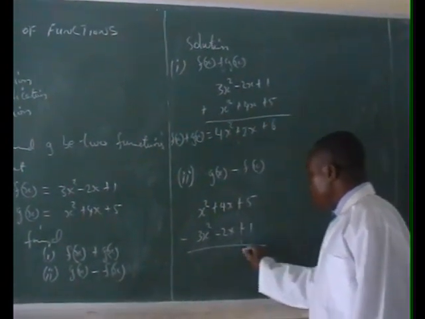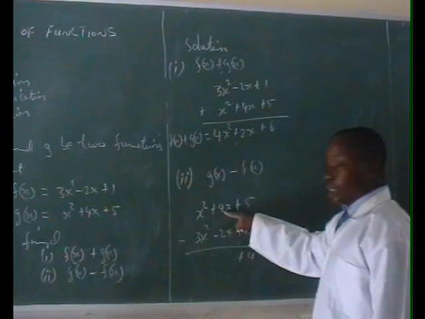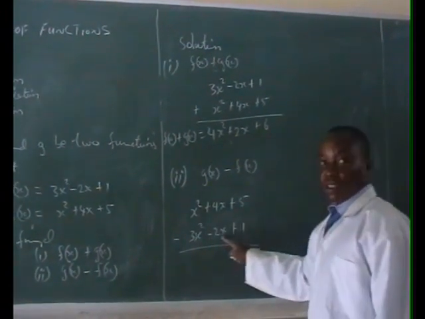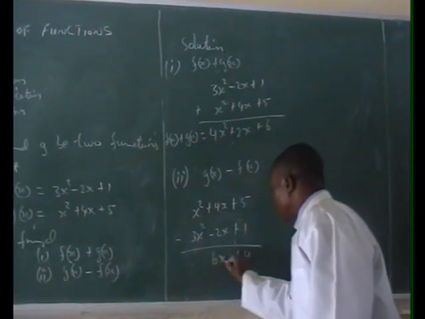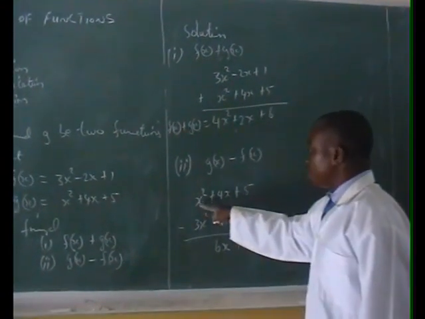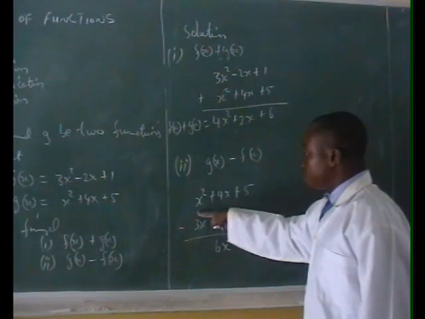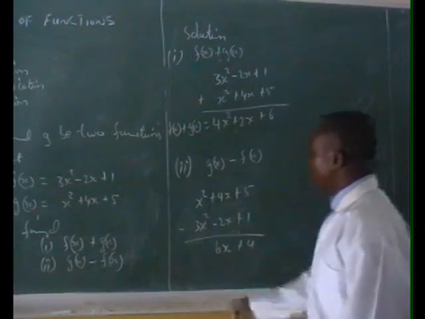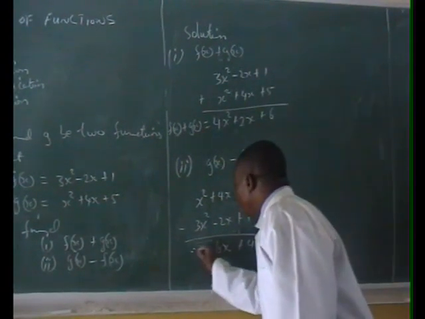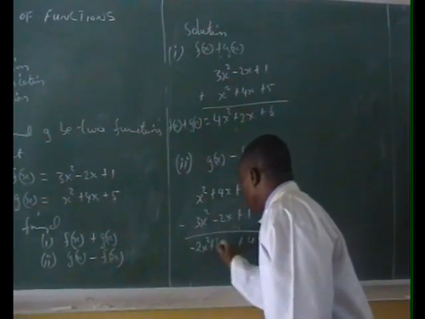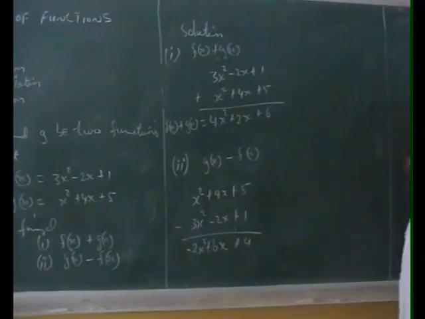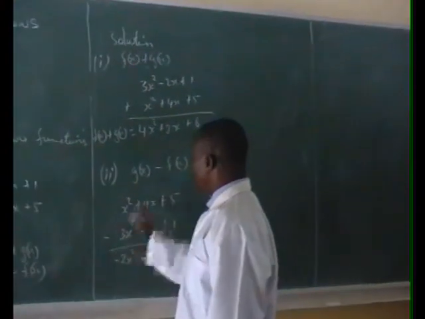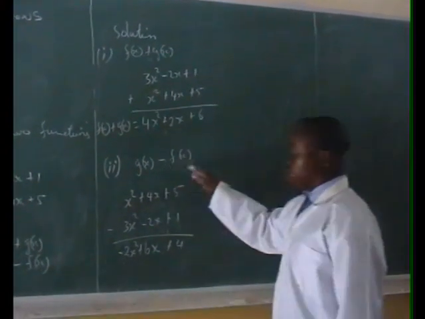So 5 minus this will give me 4. Now 4x minus 2x gives me 6x. Then I have here x squared minus 3x squared, I will have minus 2x squared. So that is g of x minus f of x.